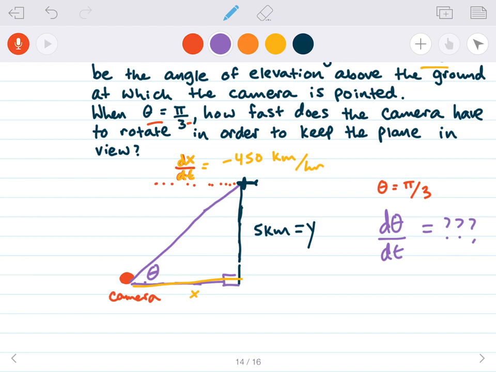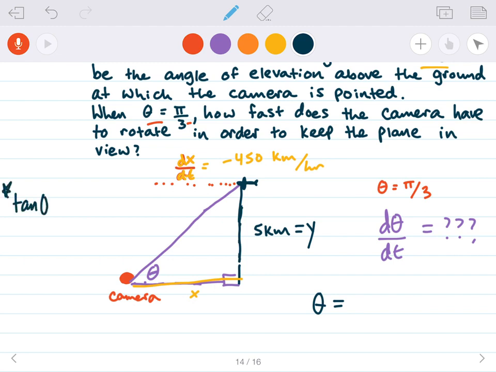We need to relate them so that we can use our related rates. Well, if you remember from trig, we have something that tells us explicitly what theta is equal to in terms of x and y. Theta is an angle, right? And if you remember, the tangent of theta is equal to y over x, right? That's from trig. Tangent theta equals y over x.